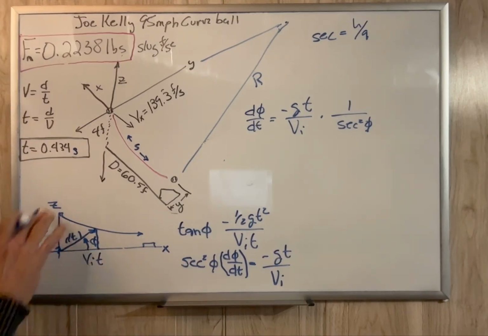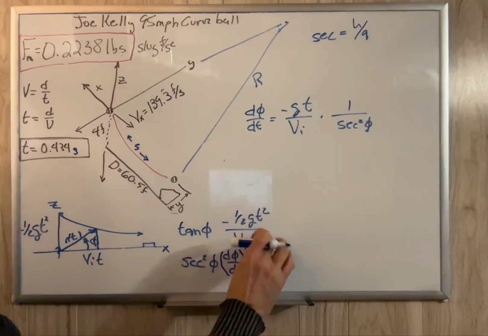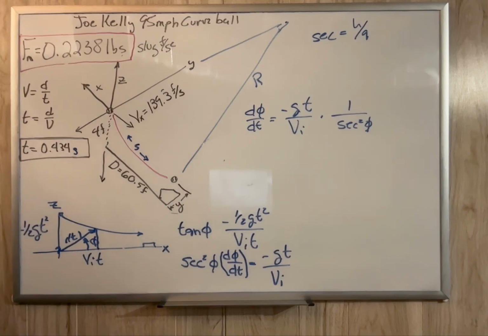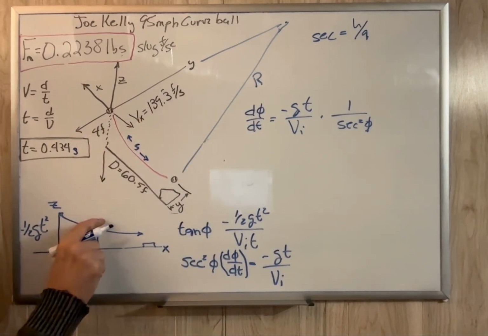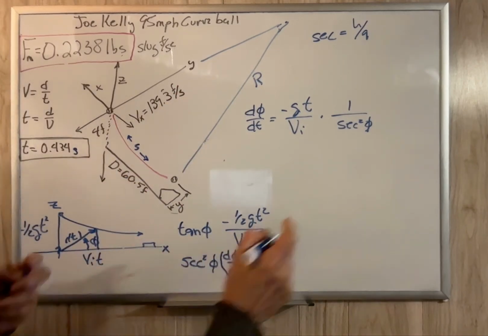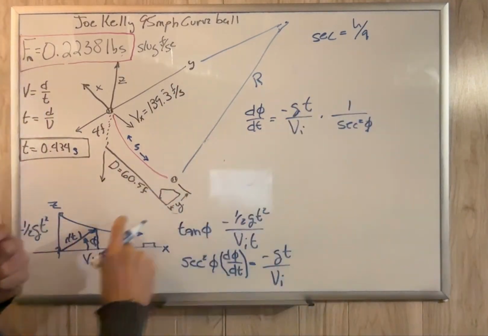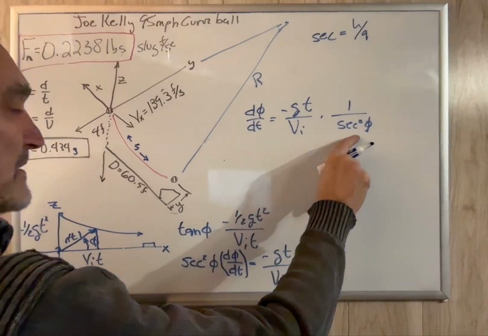We're not worried about Y. So that r of t is what's happening in the Z and the X direction. So if we look at our secant, our hypotenuse is going to be this thing, and then our adjacent will be this. Well, okay, then all we have to do is take what the hypotenuse is, r of t squared, divided by v t squared. And that would be this thing, right?